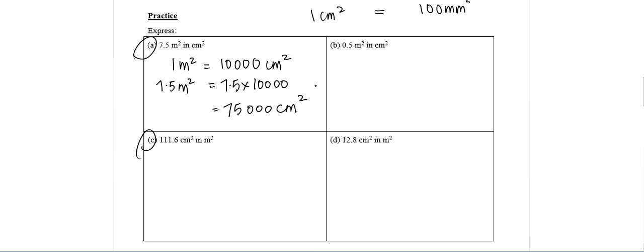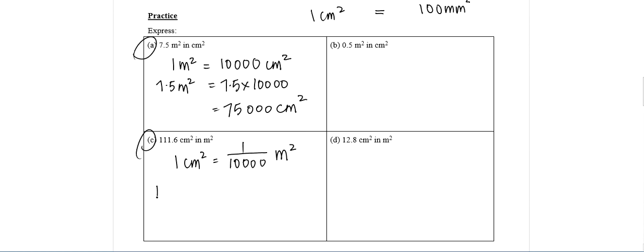Now what if we have 111.6 cm square to be changed back into meter square? Well, if you can remember that 1 meter square is equal to 10,000 cm square, then you should be able to infer that 1 cm square is 1 divided by 10,000 meters square.